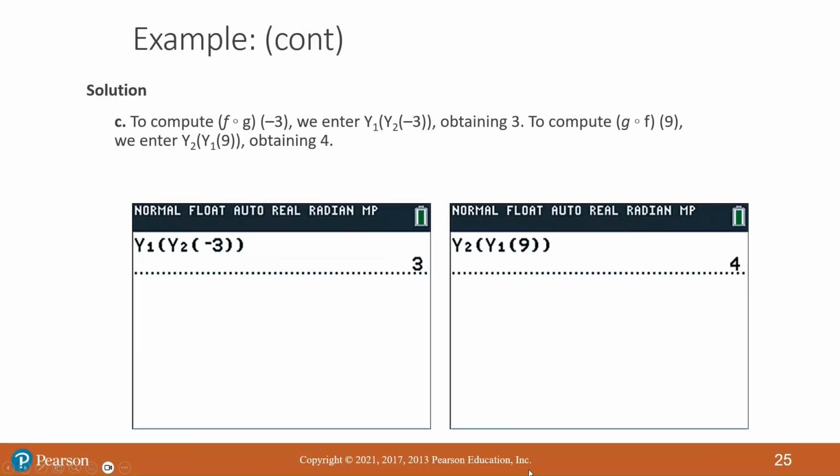If I want to find f of g of -3, this is essentially the same thing as finding y1 of y2 of -3, because remember, we let f be y1, we let g be y2.